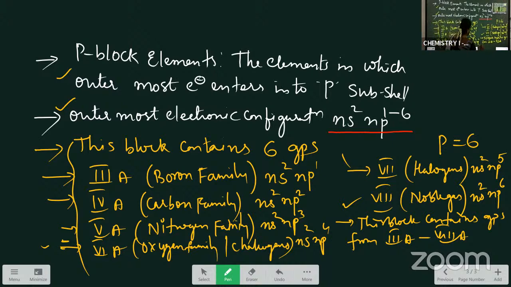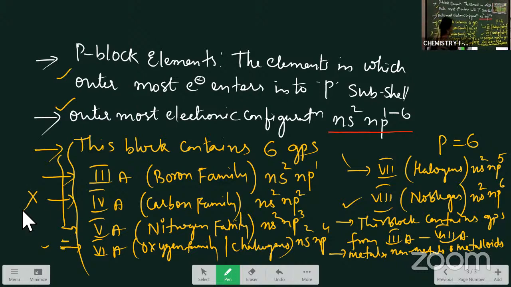Here you come across metals, non metals and metalloids. All types of elements you will see here. If you don't want to write a point, it's okay, it's up to you. Now, where do you find these elements in the periodic table?